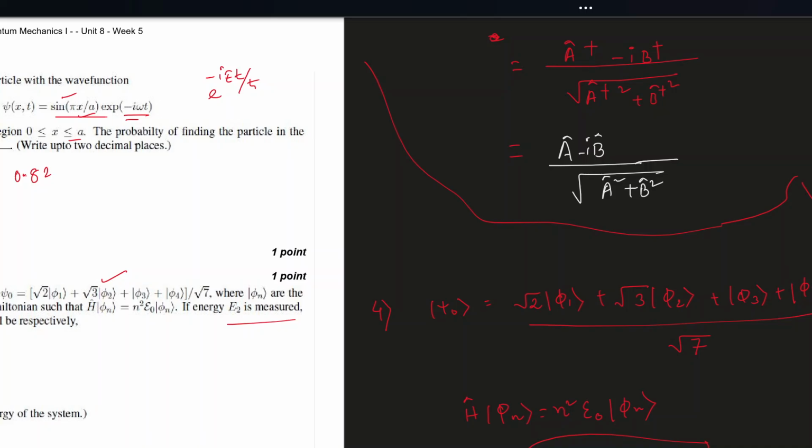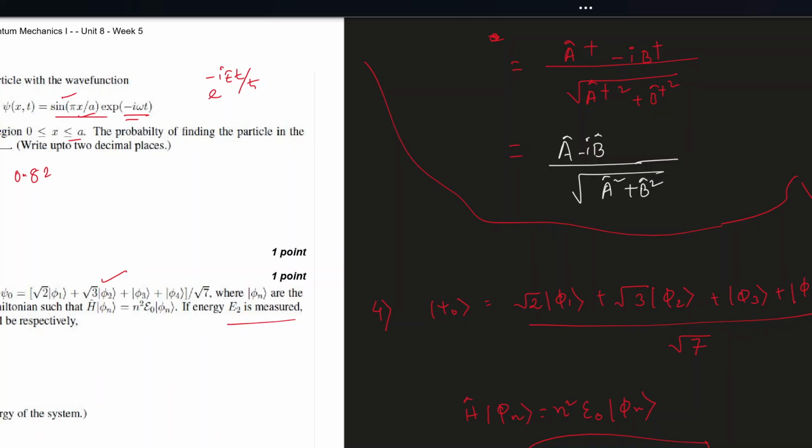Now again you have to take care of one thing that we often miss out: we have to ensure that the wave function you are dealing with is a normalized wave function. If not, then you have to add the normalization condition to it. You have to normalize it. So first of all, check whether this is normalized. So the inner product of psi naught with itself: root over 7 whole squared will be outside.